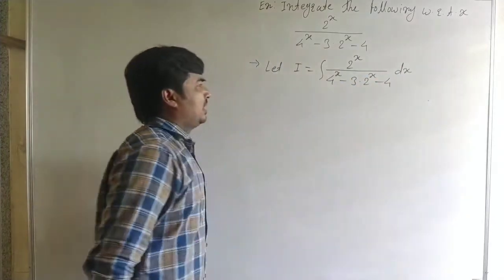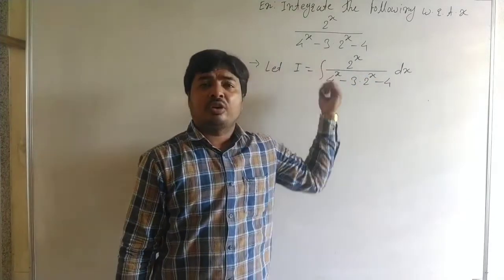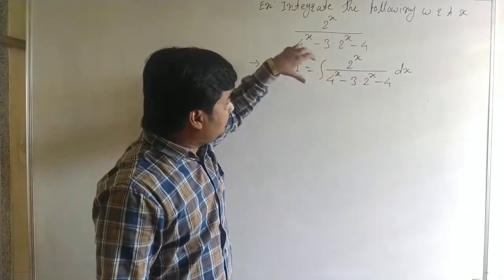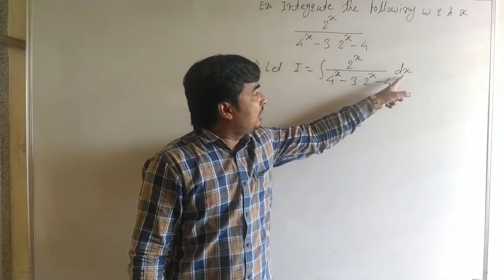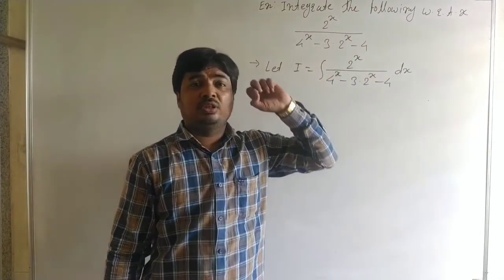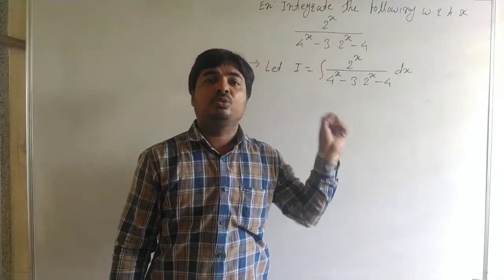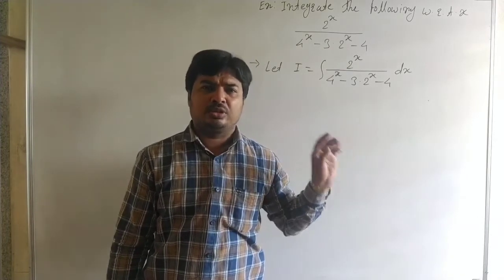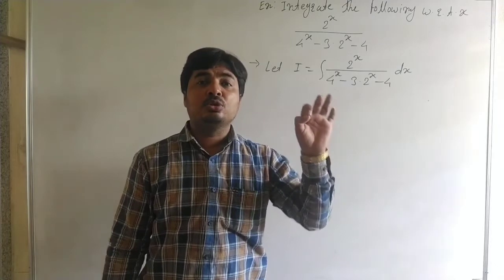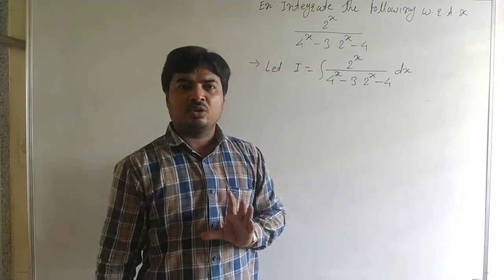Now this integral is not of our type, so here we take a substitution. In the multiple of dx there is 2 to the power x, and the derivative of 2 to the power x is 2 to the power x into log 2, where log 2 is a constant.